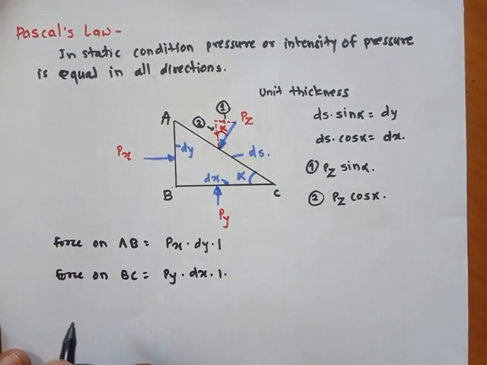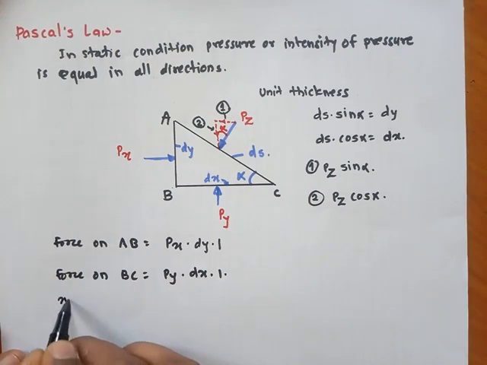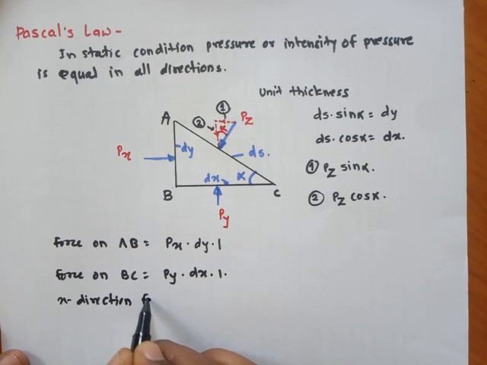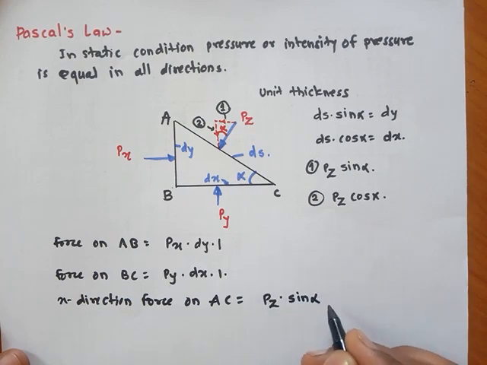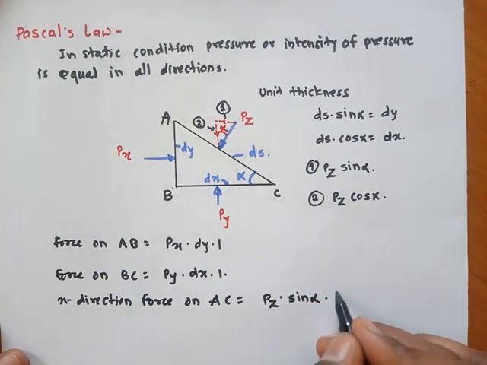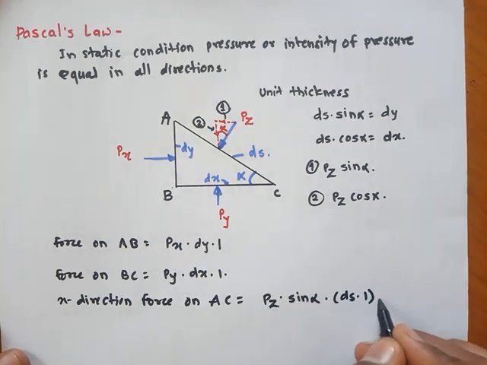In x direction, force on AC is equal to Pz sin alpha multiplied with area ds into 1.